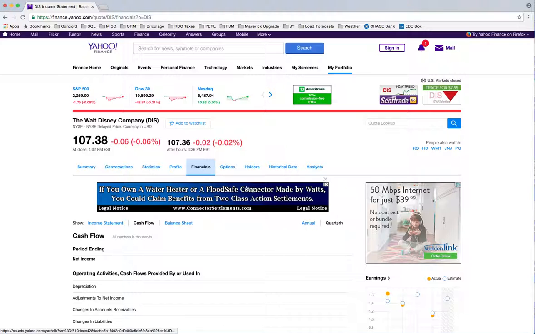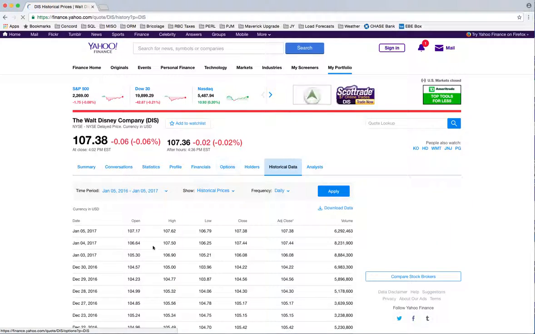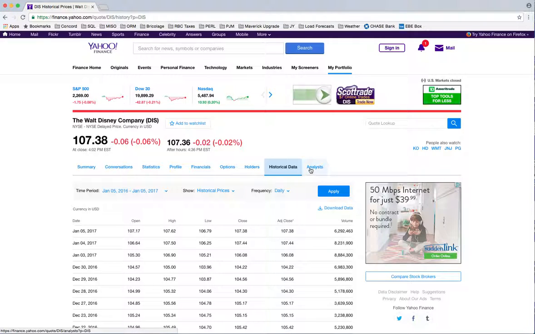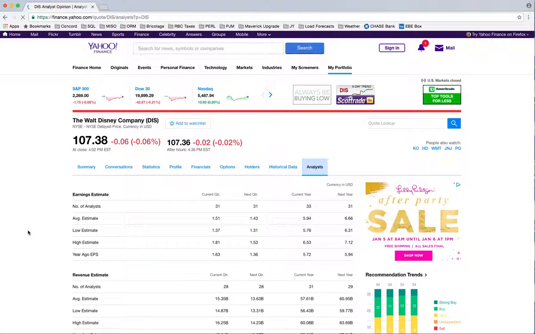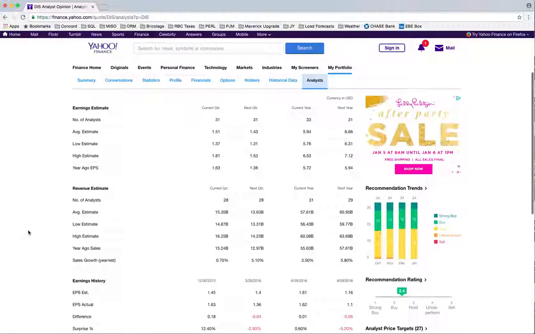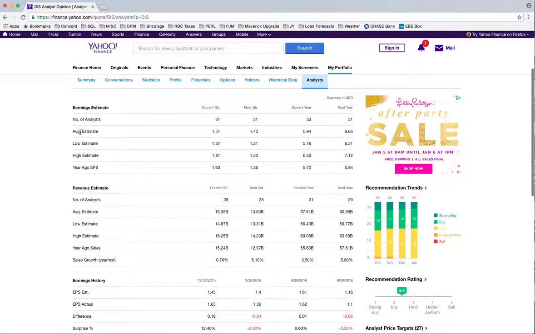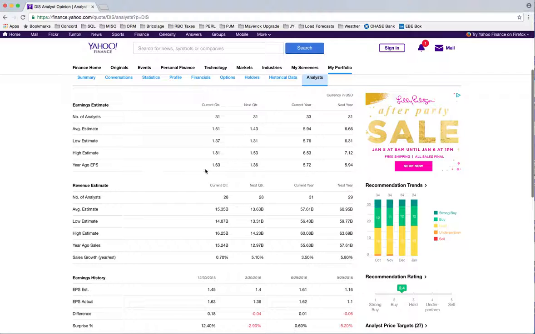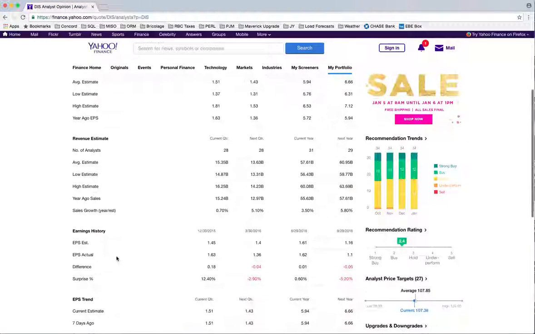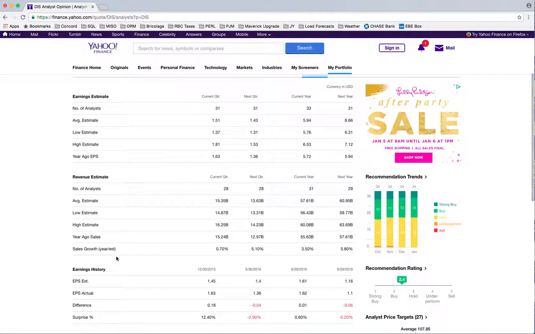Anyway, let's see. Historical data would be like historical stock prices if you wanted to do that kind of analysis. This is information basically on how many analysts are tracking the company and what they have basically put out as their valuations.